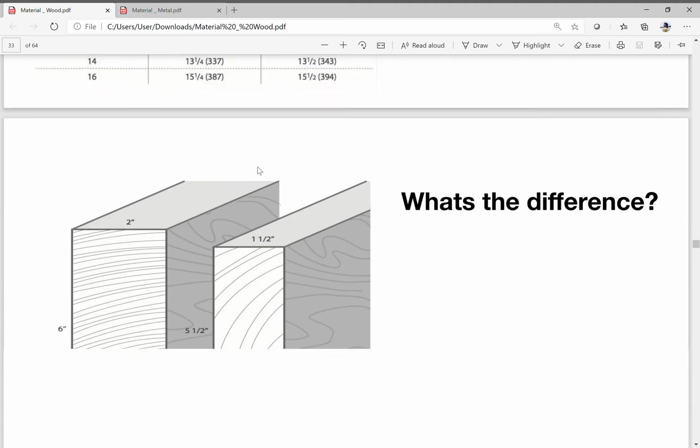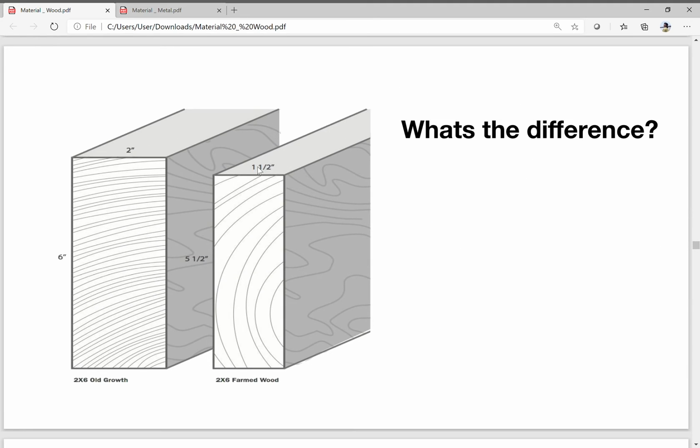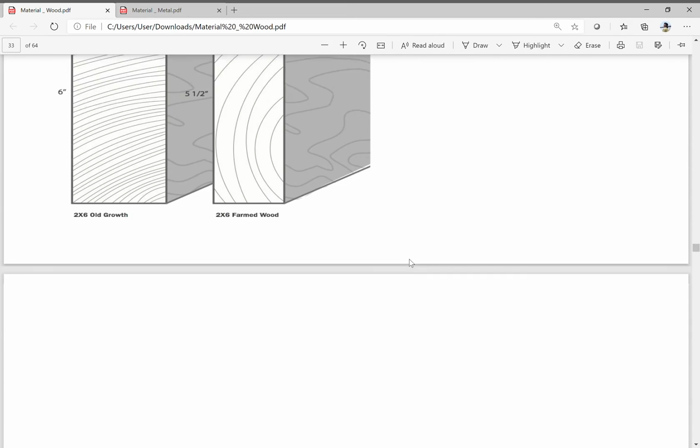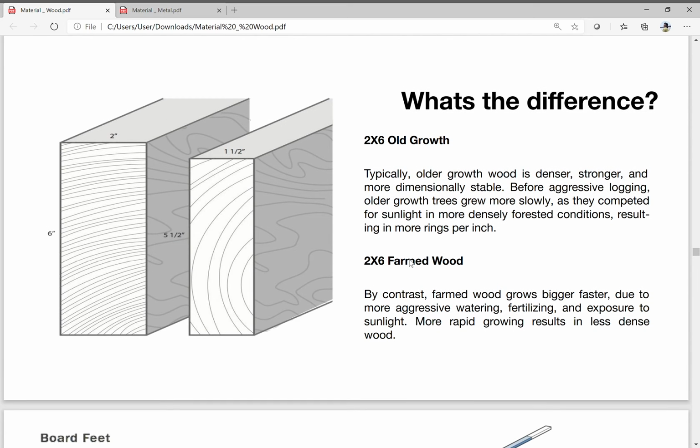Okay, so you have your old growth and then you have your farmed wood. What's the difference? Old growth is denser. As you can see, there is a more compact grain structure compared to that of your 2x6 farm wood, which has wider intervals in growth.